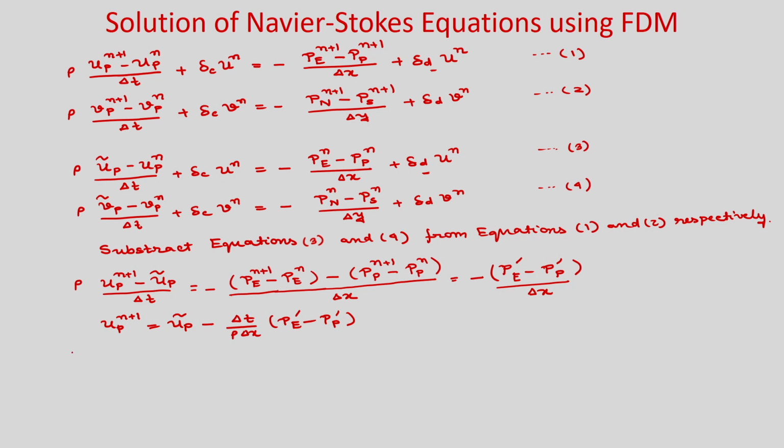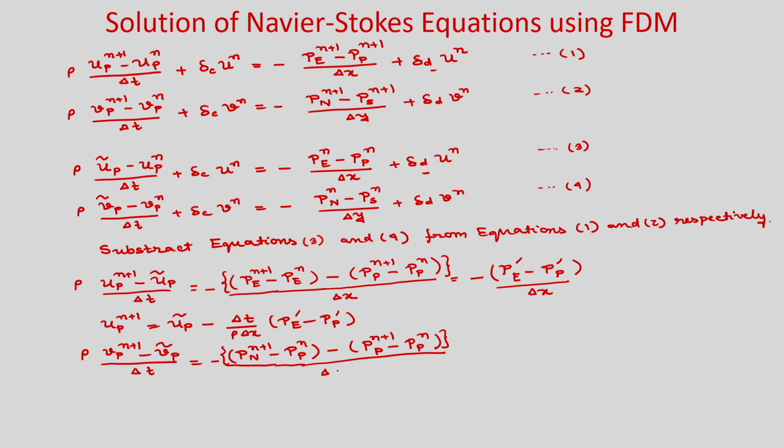Okay. And similarly, if you subtract equation 4 from equation 2, you are going to get rho (v_P^(n+1) minus v_P tilde) divided by delta t is equal to minus (p_n^(n+1) minus p_P^(n+1) minus p_n^n plus p_P^n) divided by delta y, and this you can write in terms of p prime.